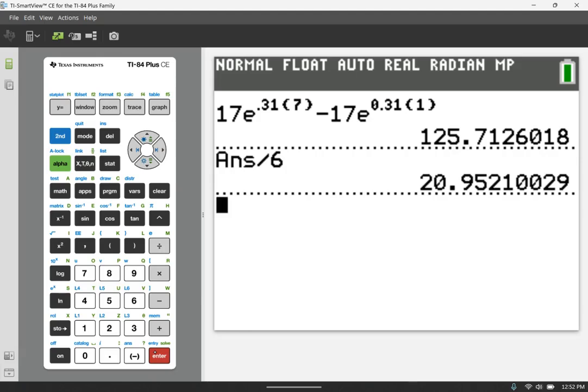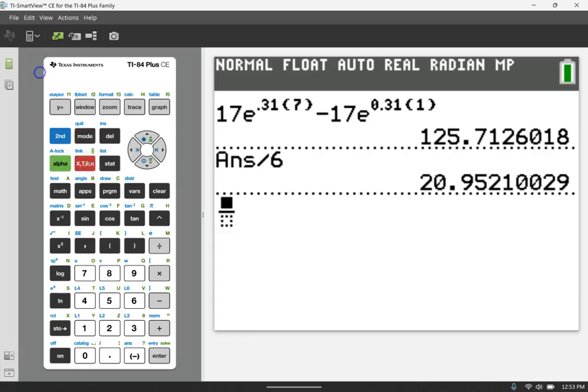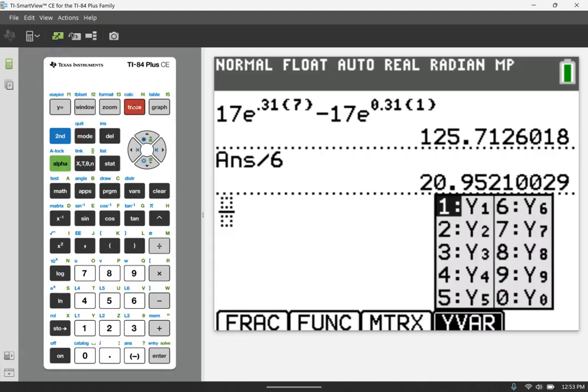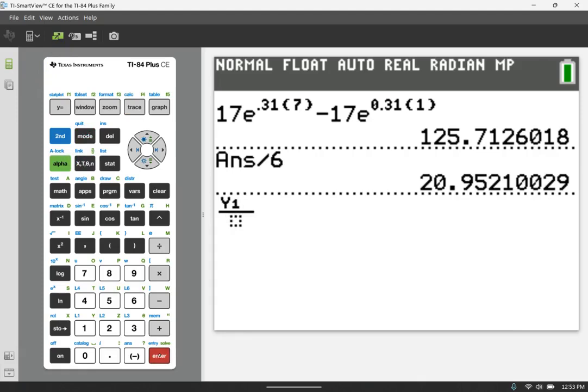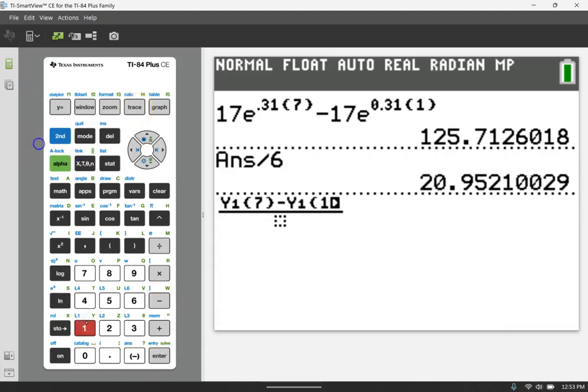I could have found f of 1, stored them as a and b, and subtracted and done all that. Another way I want to remind you about, one that we did previously. You can also, and I saw somebody doing this, put the equation into y1. And then, remember, we can do our alpha trace and use function notation: y1 of 7 minus y1 of 1.